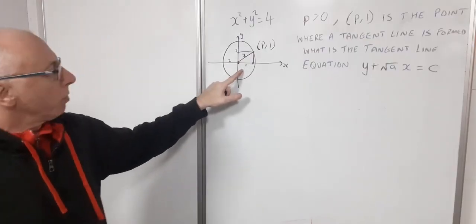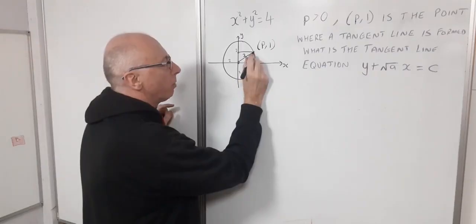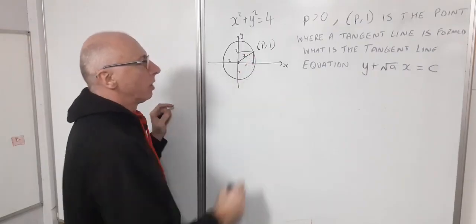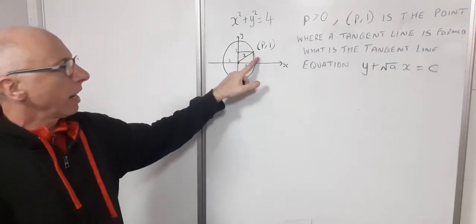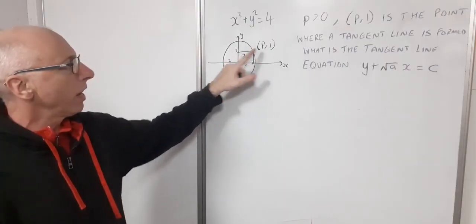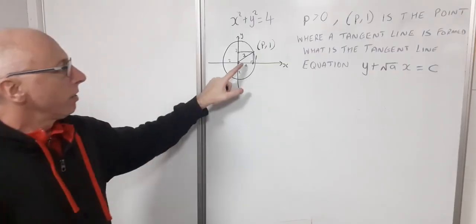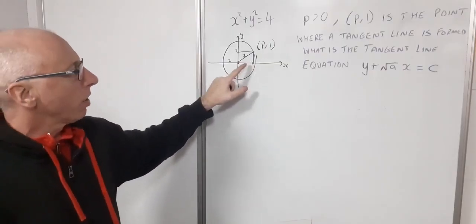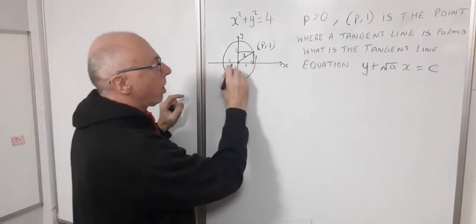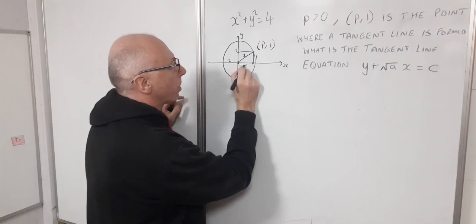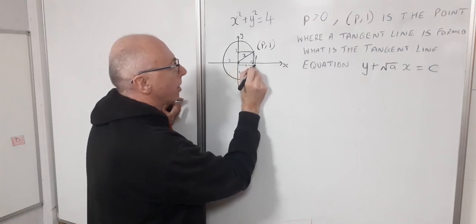Now we know this will come straight down here and make a right angle. So this length here is also 1, by the value of this coordinate here. So now we need to find the length all the way across, because this 2 just gives us our radius.